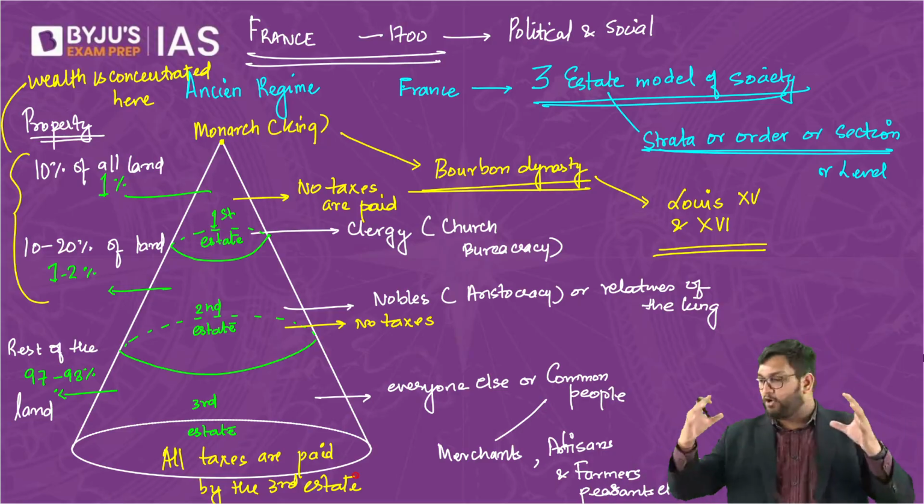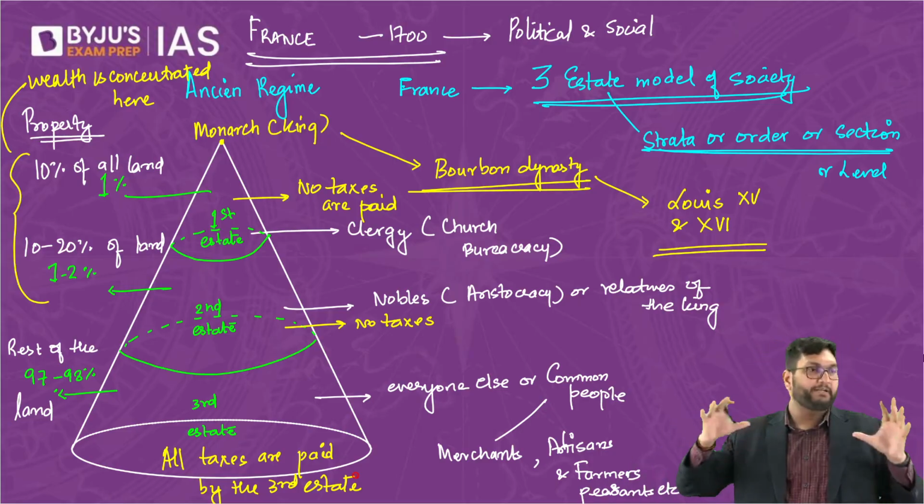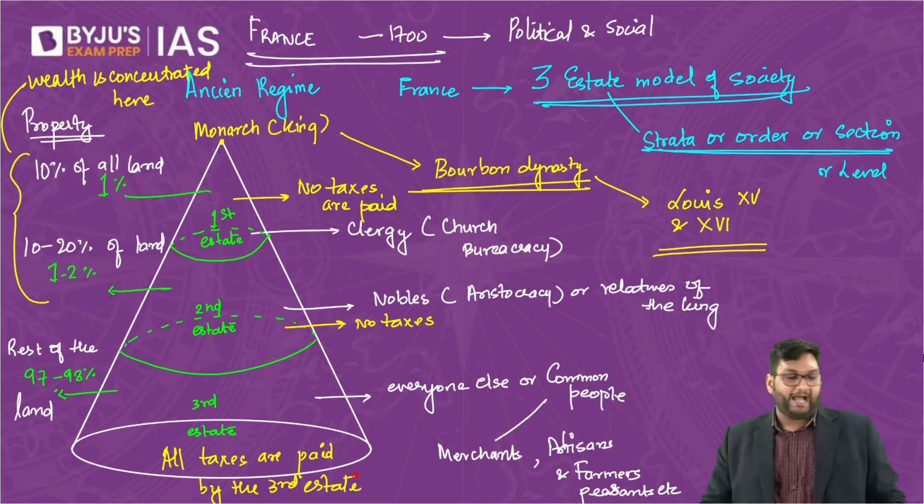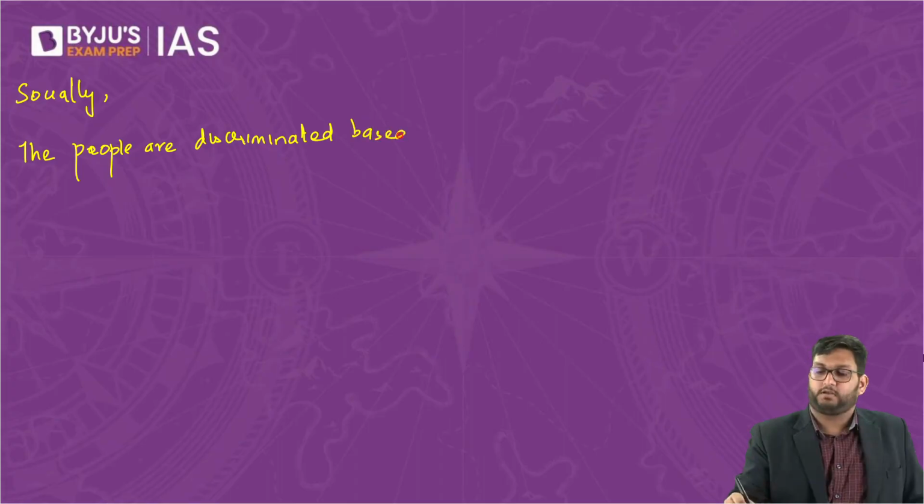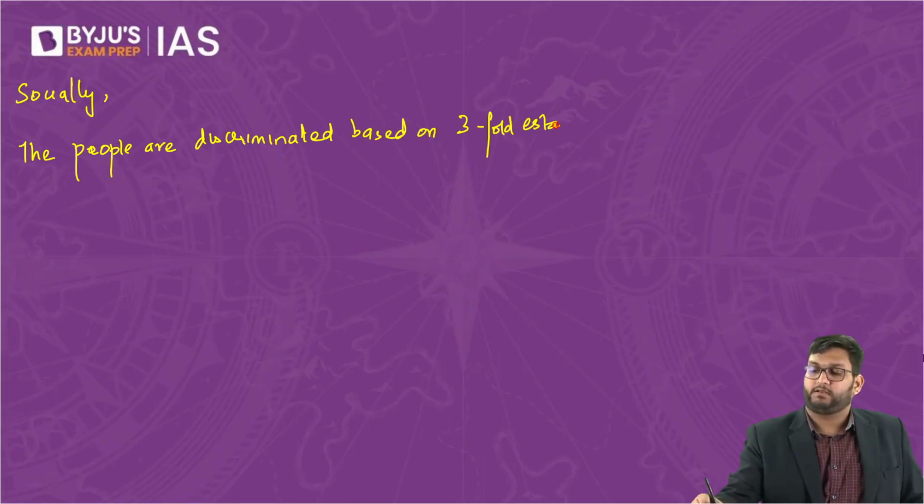So based on this pyramidal structure, I can come to the following conclusions. Socially, the people are discriminated against based on the threefold estate model.